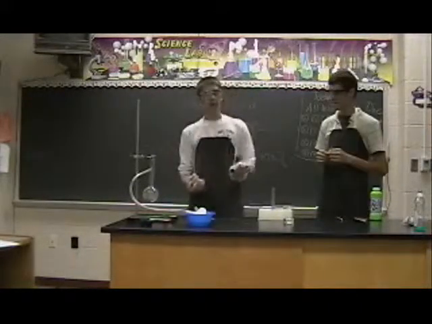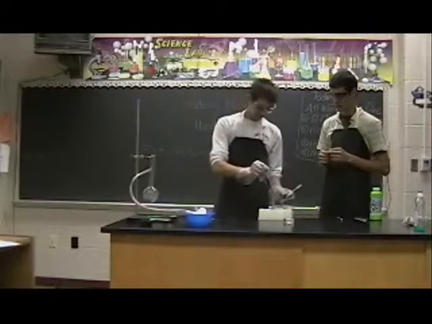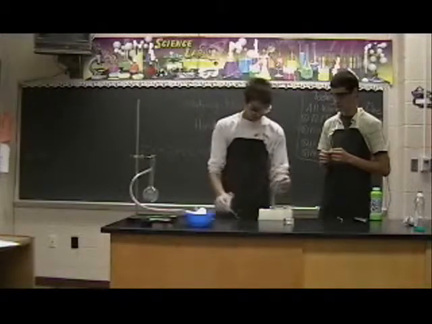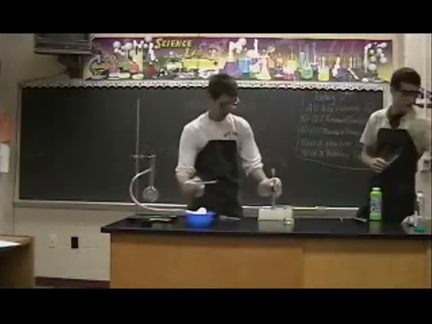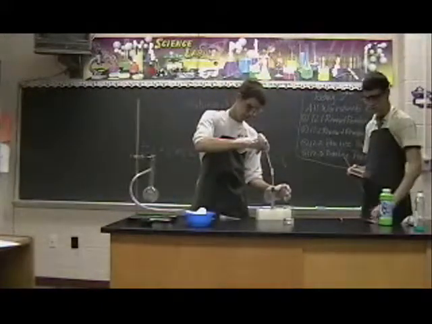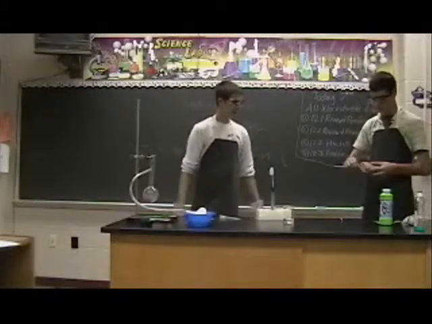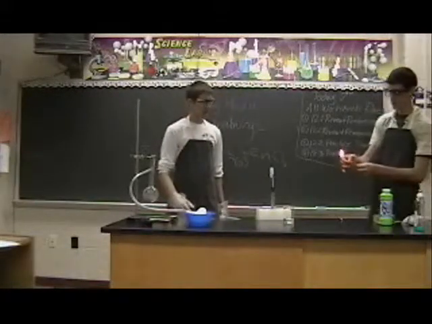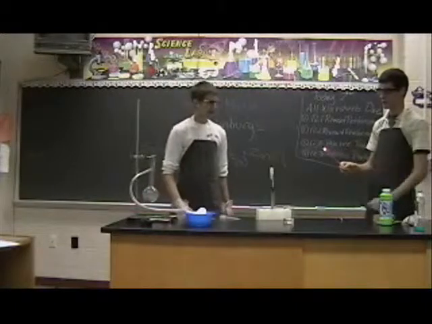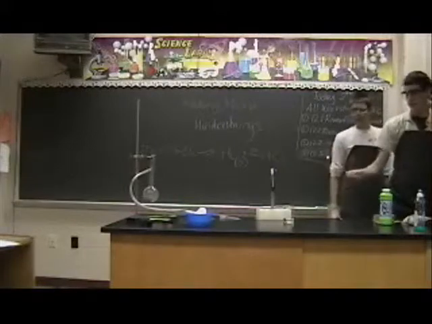I'll add this, put this on the top, fill it up, and wait for the bubbles to come out. Wait a little second. Okay, alright, now let it. There, it's good.